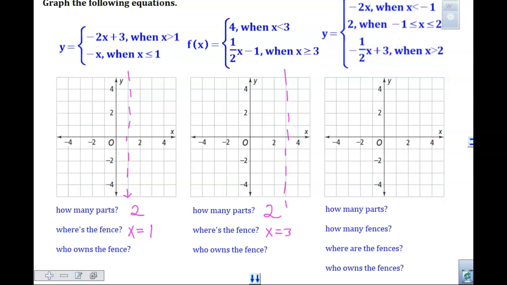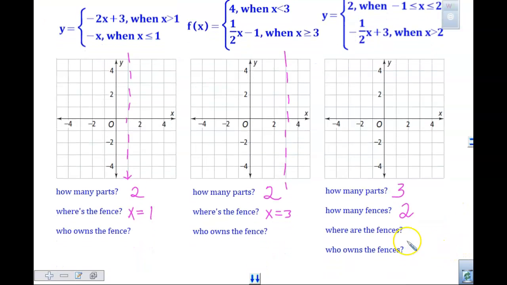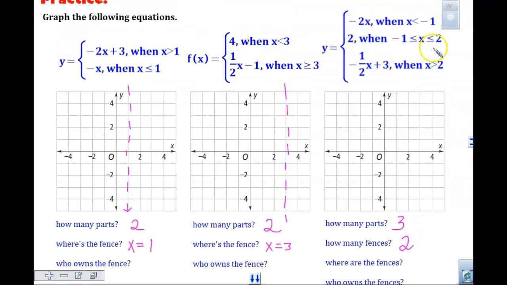The next one, as I take a look at it, Allie, how many parts? 3 parts. How many fences? 2 fences. Where is one of the fences located, Kaden? One is located at x equals 2. Where's the other fence that I'm looking at, Jacob?